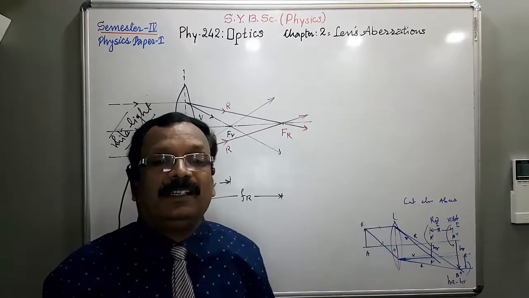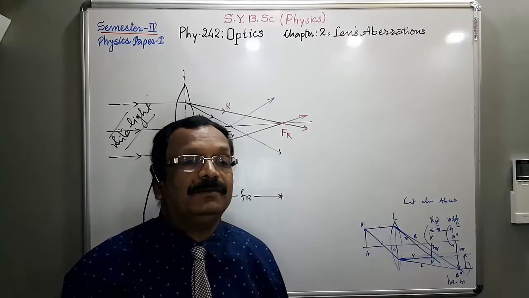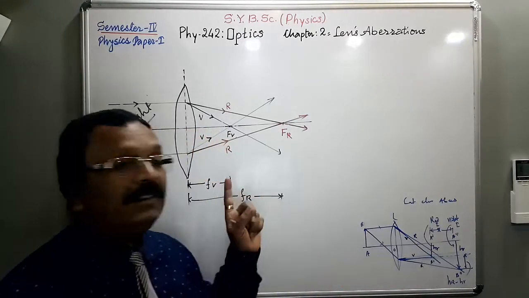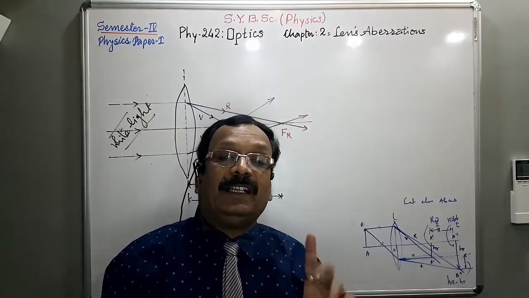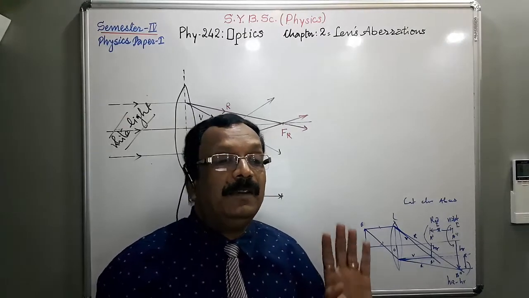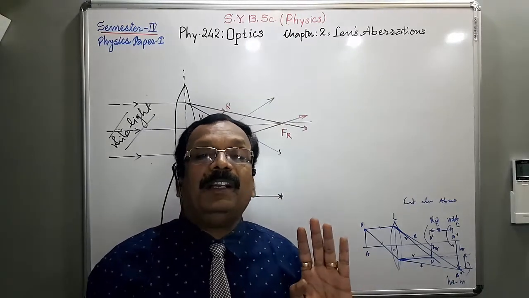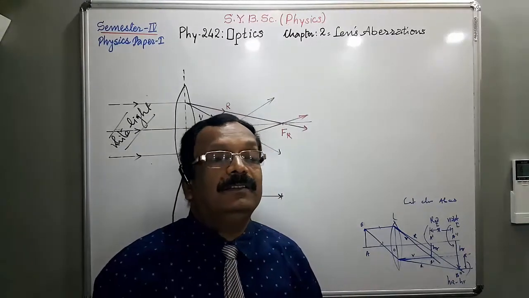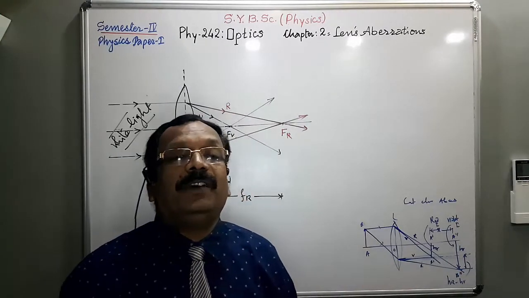They have different colors and different refractive indices. Hence, the focal length of the lens is different for different colors, for different wavelengths and for different refractive indices.